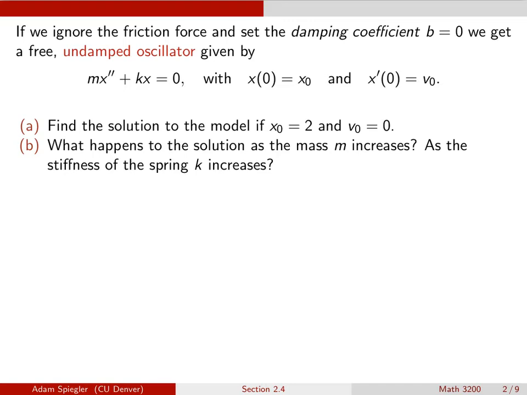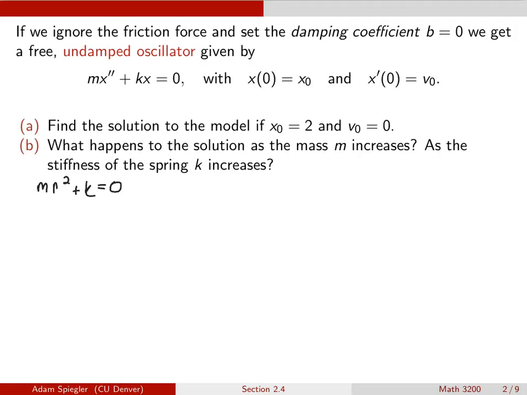So let's solve this homogeneous differential equation. We would take a look at the characteristic equation first of all, which would be m r squared plus k is equal to 0. And then we would find the roots of that characteristic equation. Here, keep in mind that m and k are both positive constants.